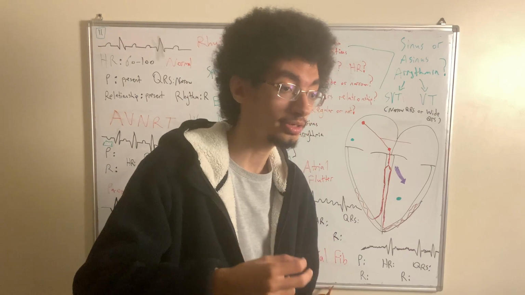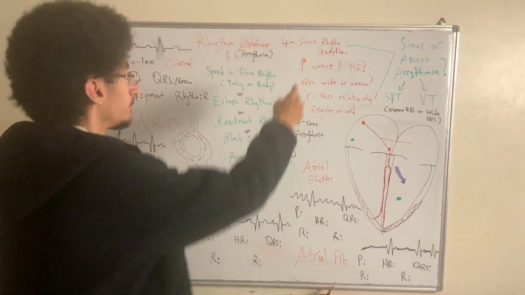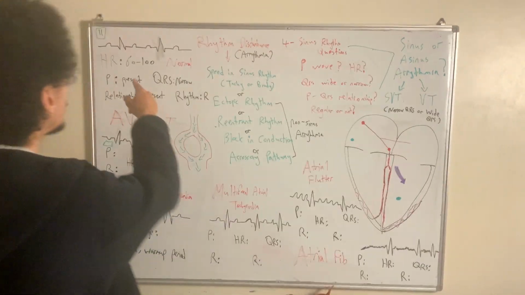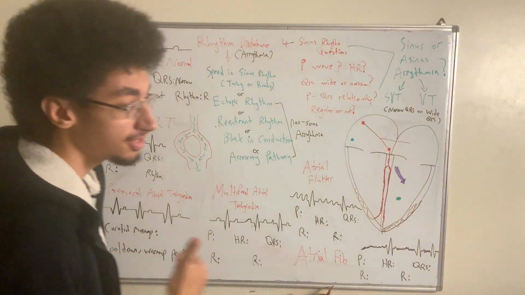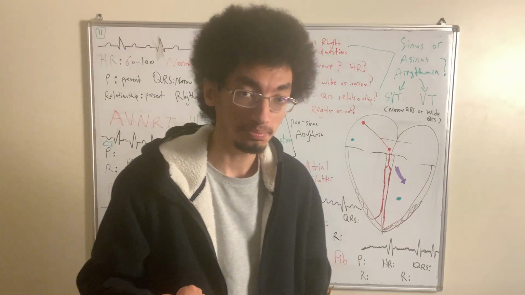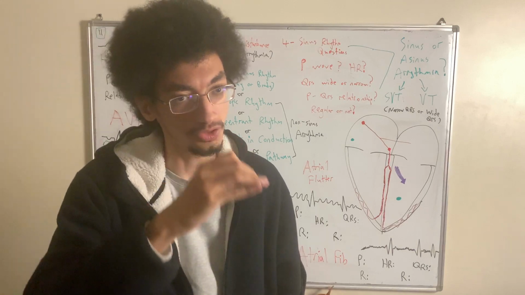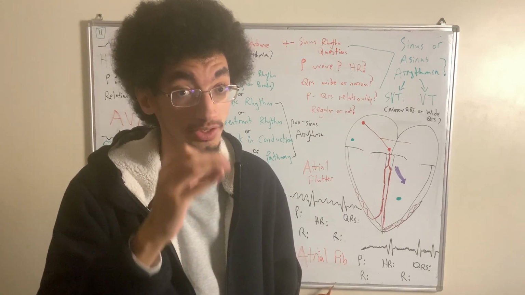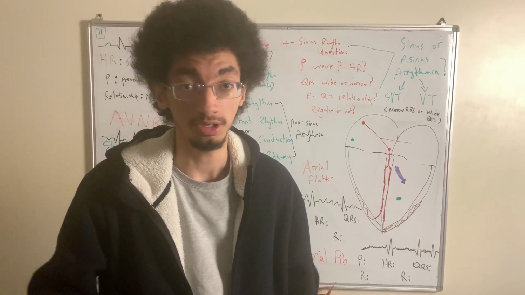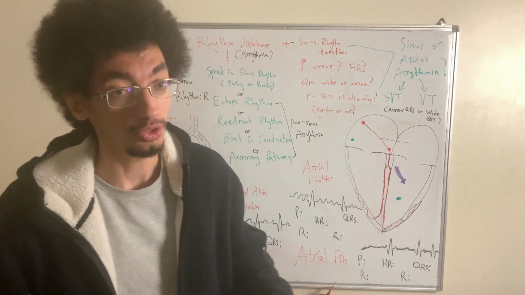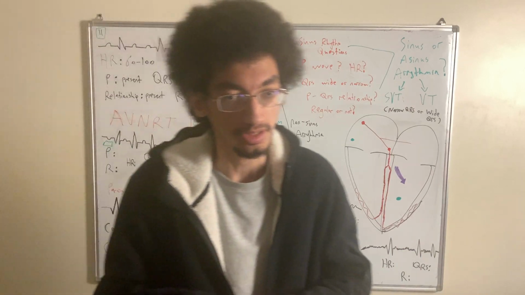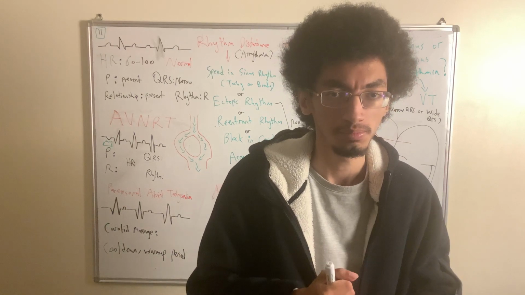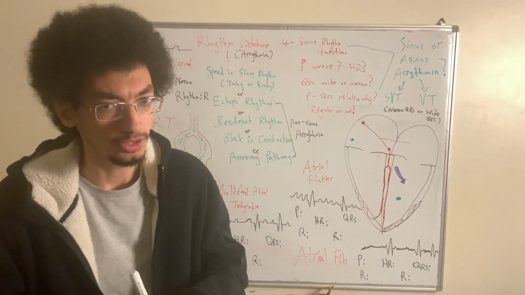That's checking whether the rhythm that you see, the PQRST, is a normal sinus rhythm or whether there is a rhythm disturbance. If there's a rhythm disturbance, you have what is known as an arrhythmia. And it's at this point you ask yourself, is this a sinus arrhythmia or a non-sinus arrhythmia?